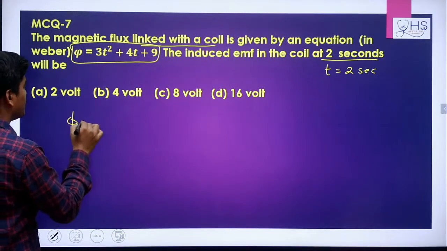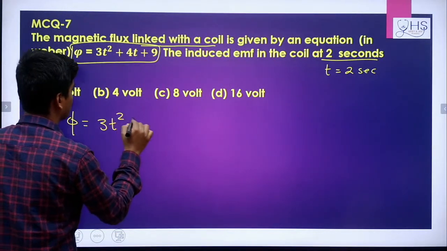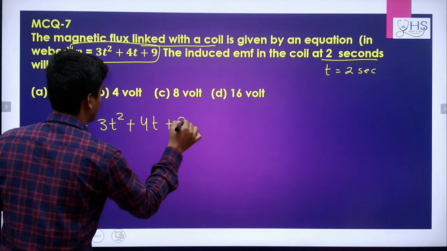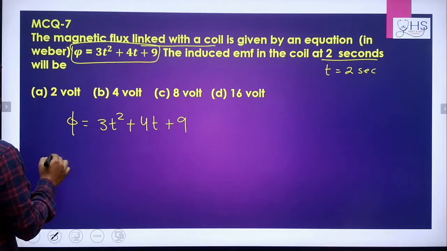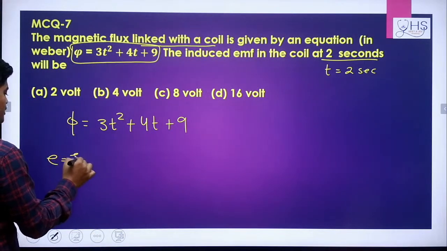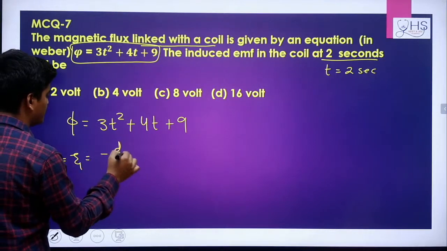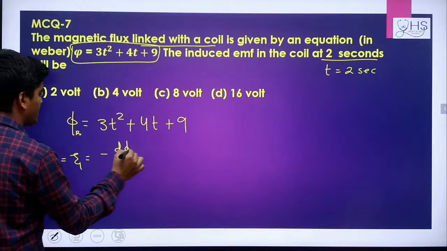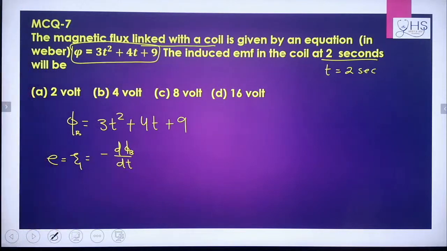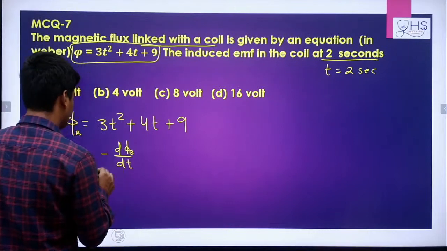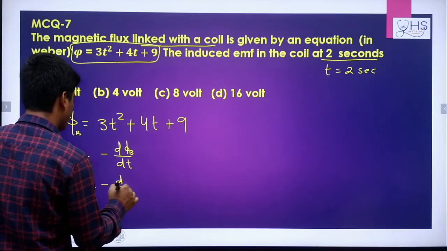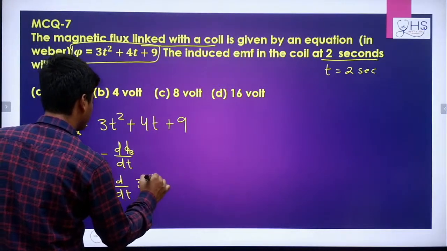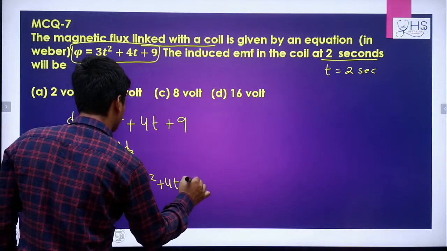So what is the flux given? 3t square plus 4t plus 9. Now if I want to find induced EMF, what I will do is minus d phi B by dt. Now calculate: minus d by dt of 3t square plus 4t plus 9.